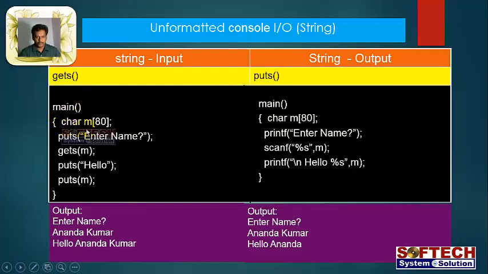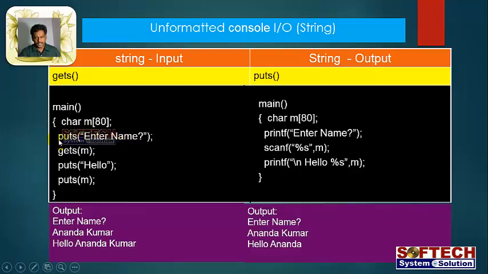In this program, main, char m of 80. So we allocate 80 character locations to get string input. The string is a character array, the variable name is m. Then here we give puts(enter name). We can also give printf(enter name).